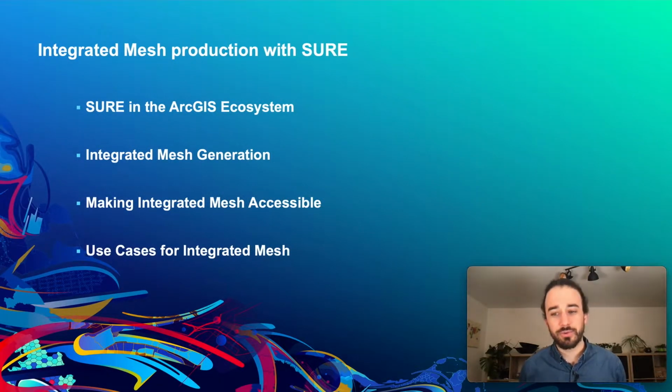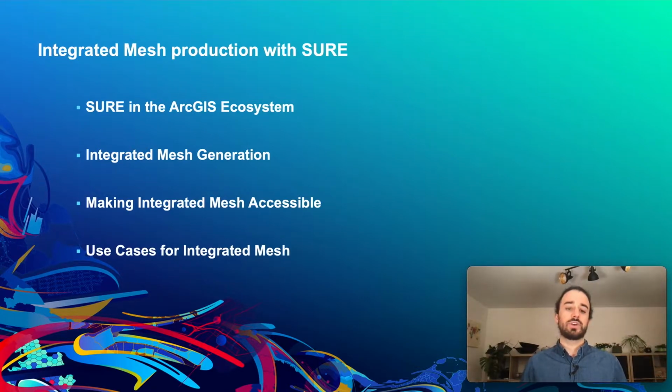These are our talking points for the session today. First, we're going to have a look at how Shure is actually positioned in the ArcGIS ecosystems and how it interacts with other products from Esri. Then we're going to focus on the integrated mesh generation itself, so the process and the technology that comes with the task of creating a 3D mesh from images.